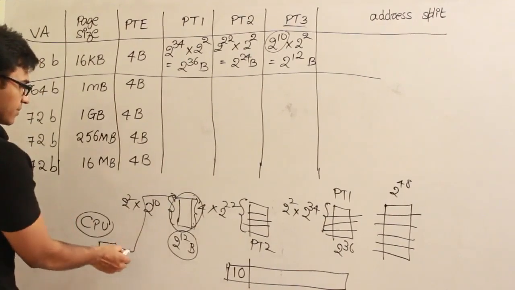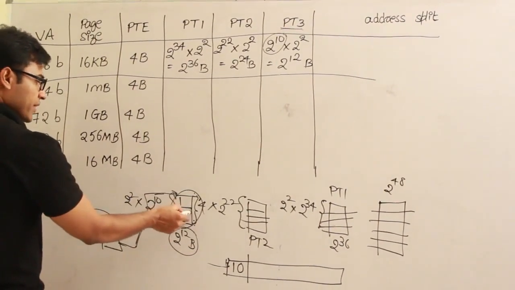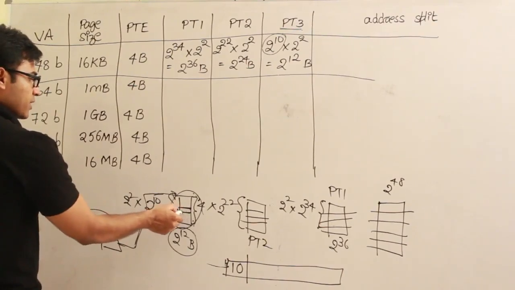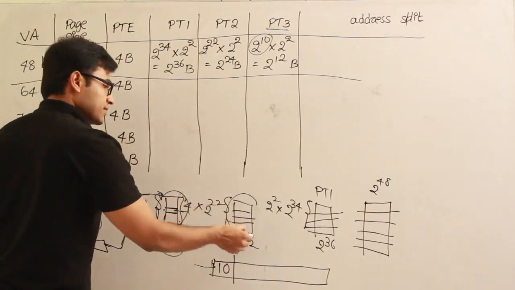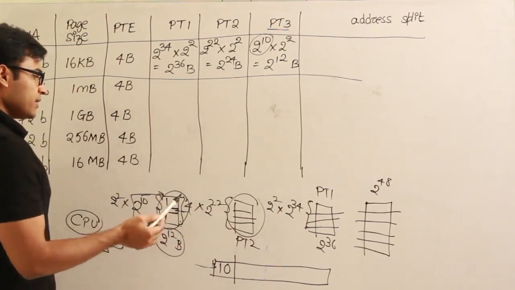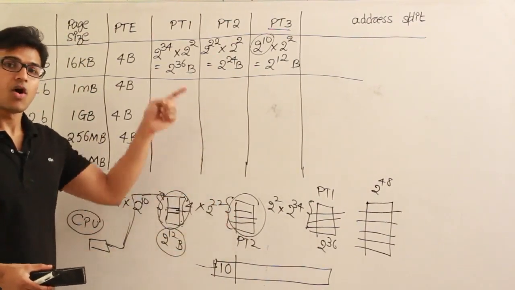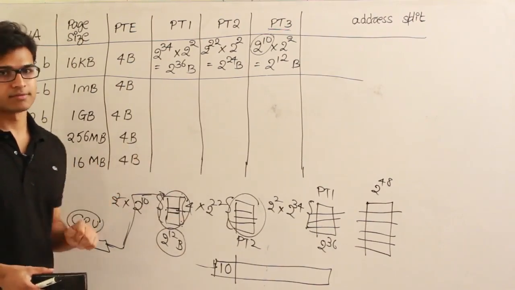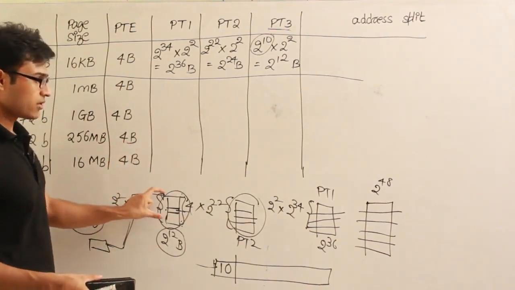Now the base address combined with this index is going to give me one page table entry, which is going to point to one of the pages of the next page table, right? But in the next level page table, all the pages are completely full. In this page table, the pages are not full.